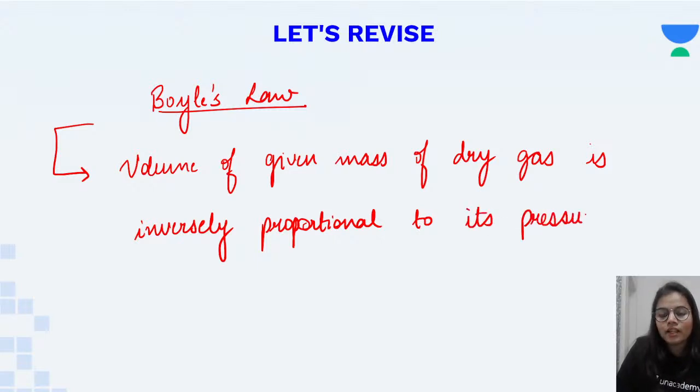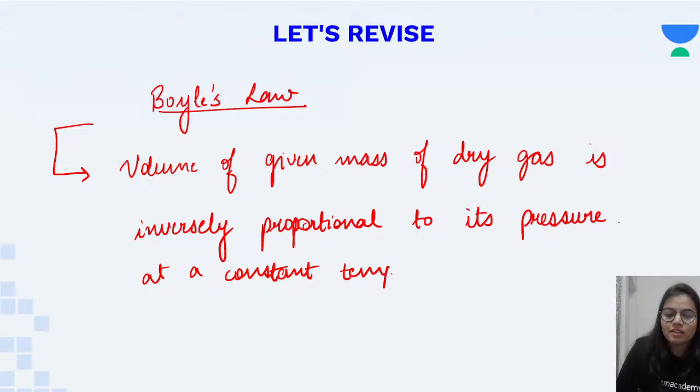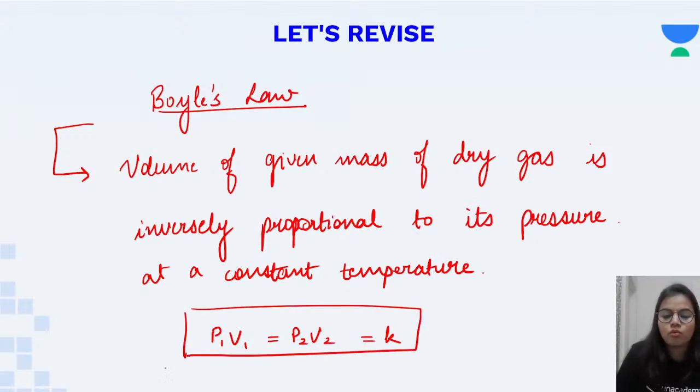What needs to be remembered here is that this is at a constant temperature; the temperature is maintained as constant, so there is no change in temperature. By this law, we get the equation P1 V1 = P2 V2 = constant. This is known as Boyle's equation.